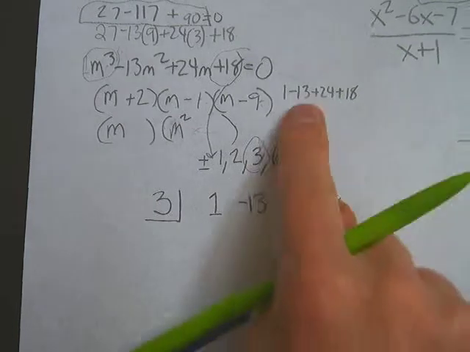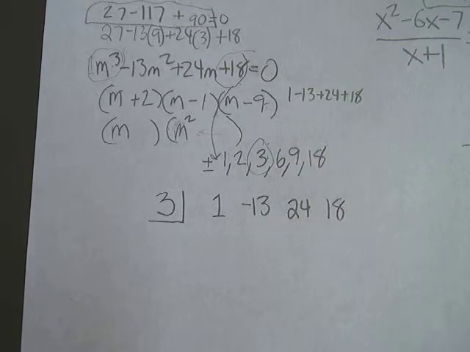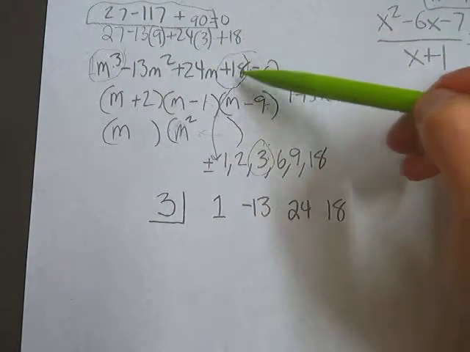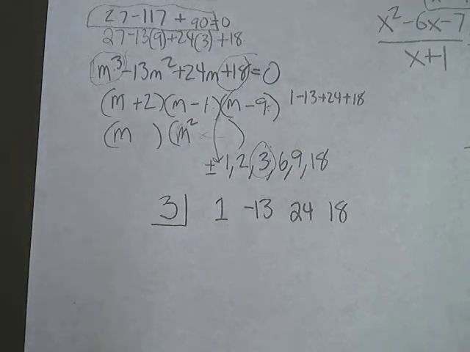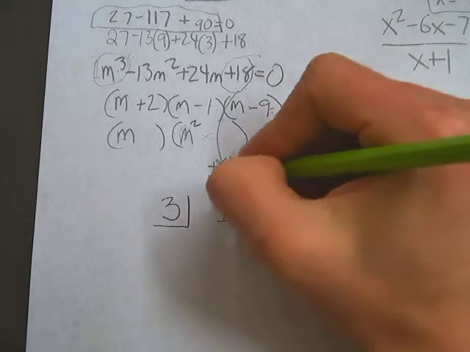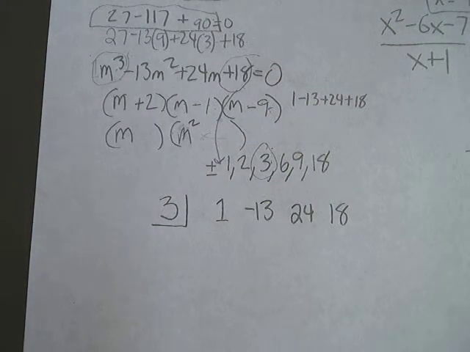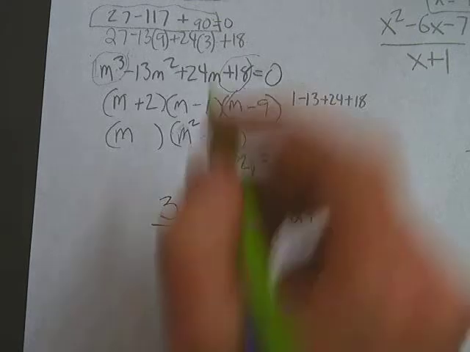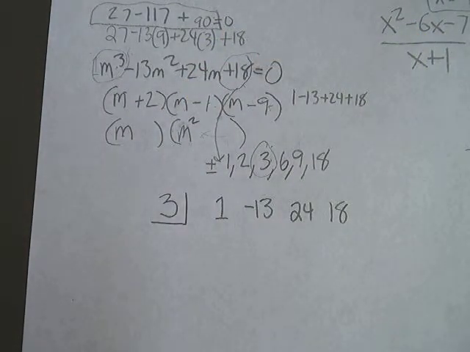The only negative term is smaller than those ones. I could try 18, and I hope you can tell that it would be way too big, and that's not a real one. So I chose 3 because it was the first one of these 12 different options that actually gave me 0 when I plugged it in, so I know it'll go in cleanly.